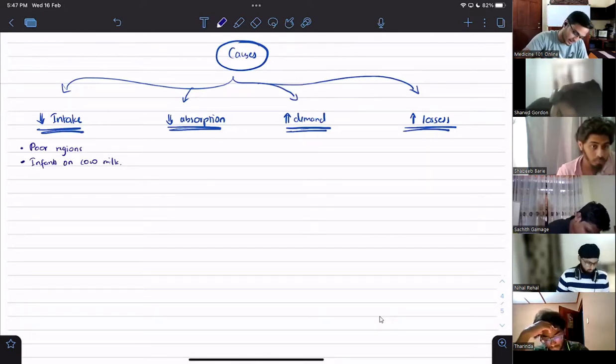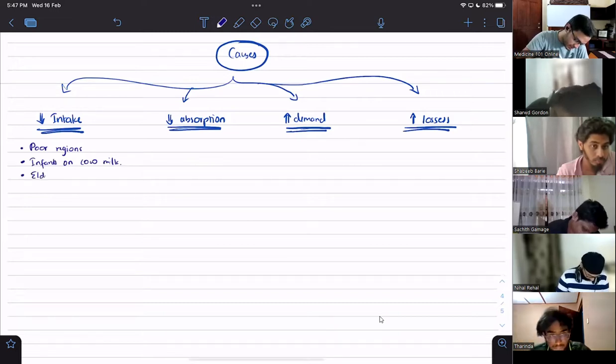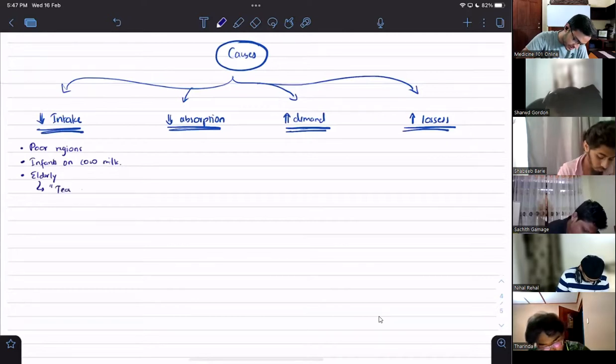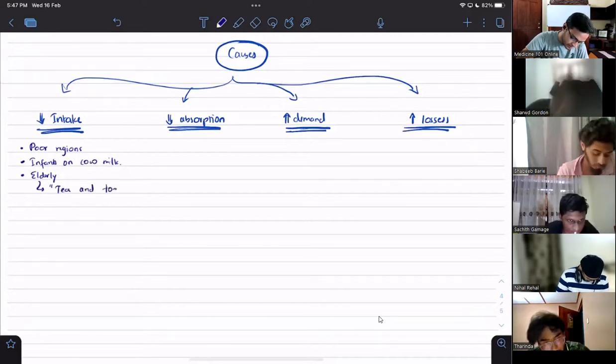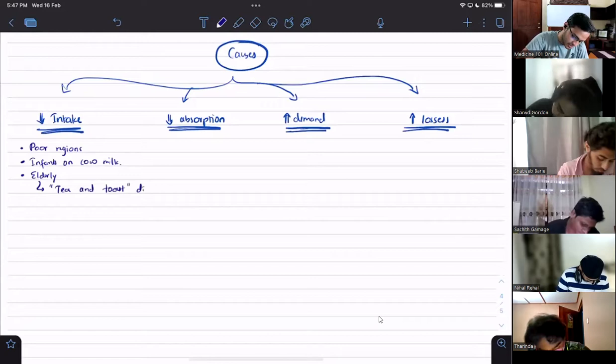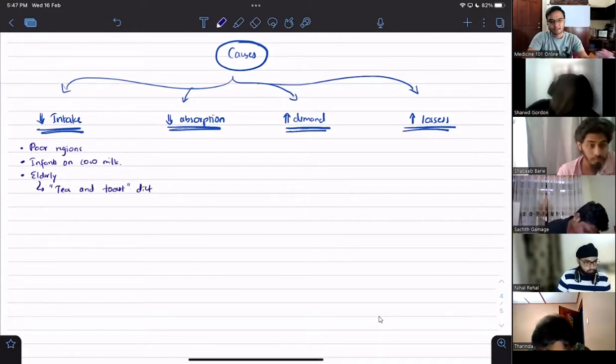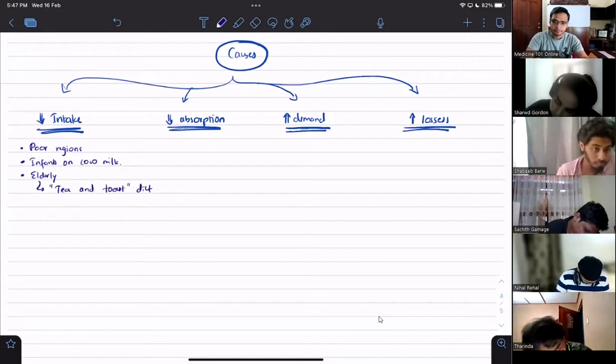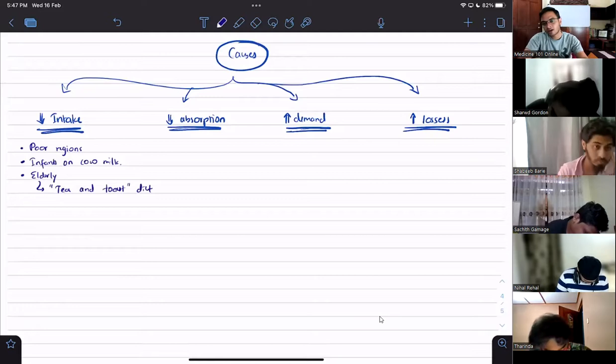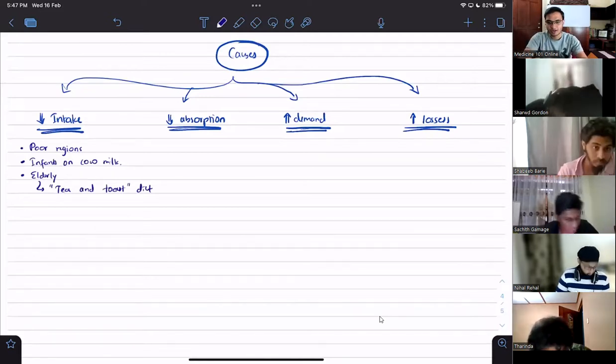Next one, elderly people, guys. Have you all heard of the tea and toast diet? What is this tea and toast? Very old people, especially in their 70s and 80s, have lost a lot of their teeth. So they don't like to eat a lot of meat or strong vegetables like spinach.